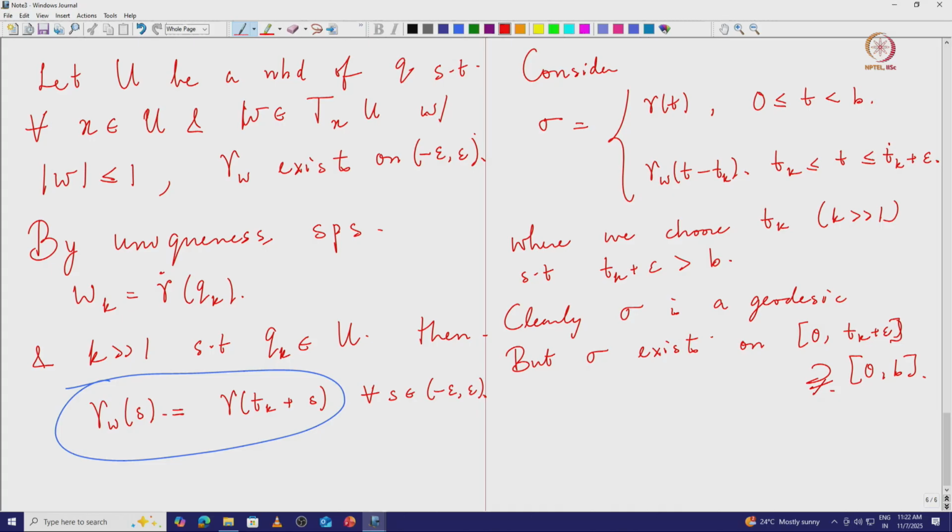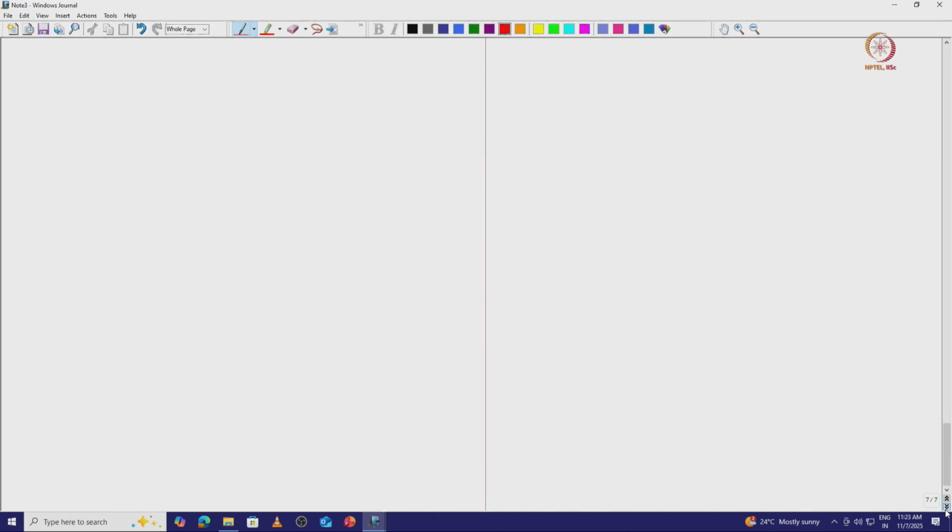So this gives an extension of gamma, so this contradicts the maximality of b. Alright, so this shows that 1 implies 2, metric completeness implies geodesic completeness.